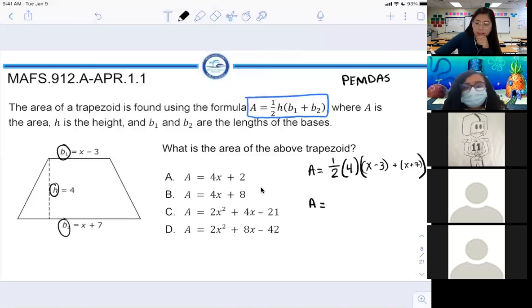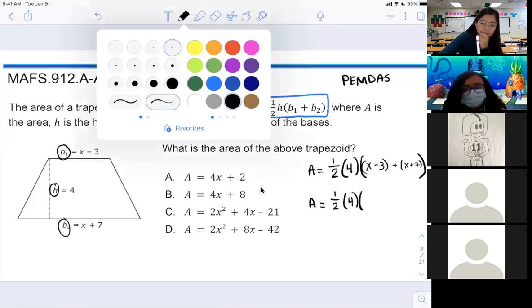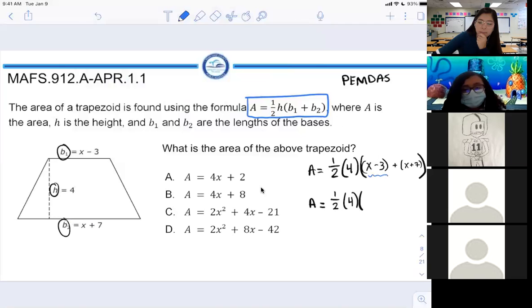Yeah, I can combine like terms. So what do I get inside of those big parentheses? When you combine like terms, what do you get?